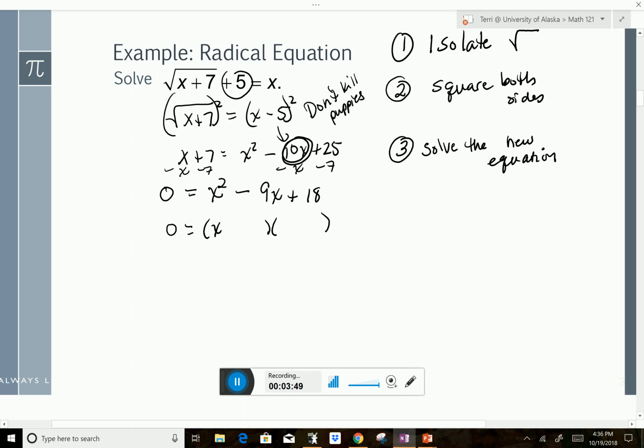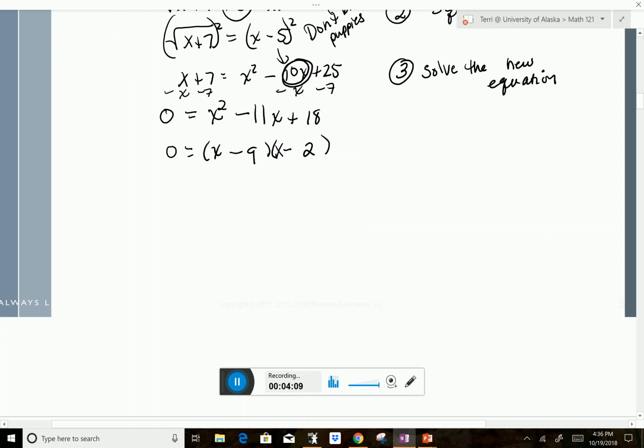So 2 factors of 18 that add up to negative 11, so that would be negative 9 and negative 2, whoops, forgot my x. So now I use the zero product property, x minus 9 equals 0, or x minus 2 is 0, so x is either 9 or 2.